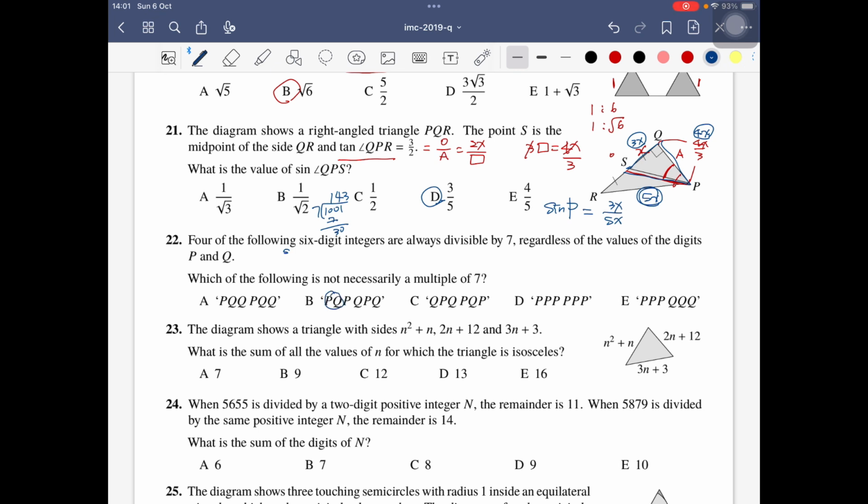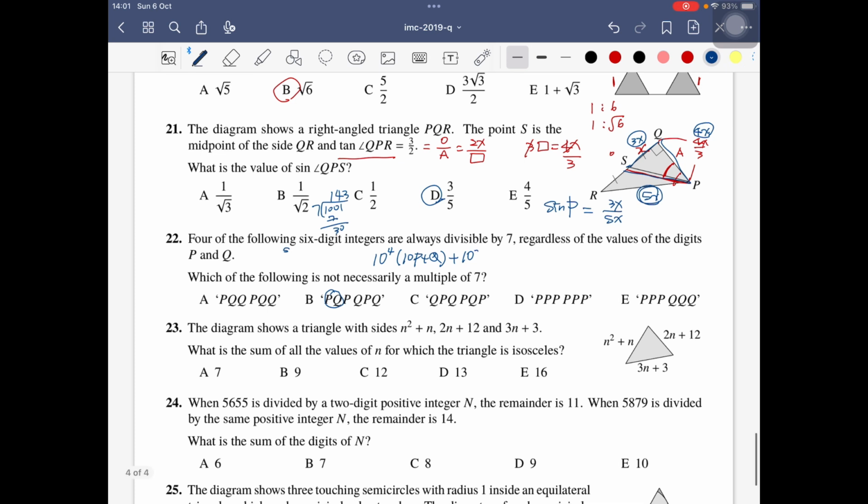When I combine them together, 10 to the power of 4 times 10P plus Q, plus 10 squared times 10P plus Q, plus 10P plus Q. This also needs to be independent, so 10101. Let's check whether we can divide it by 7. Now we can divide by 7. So A and B are both divisible by 7.